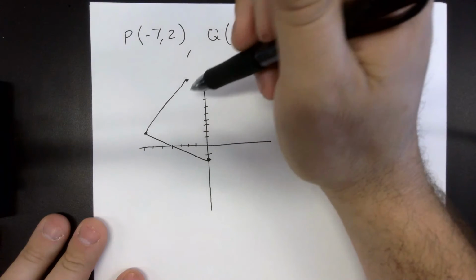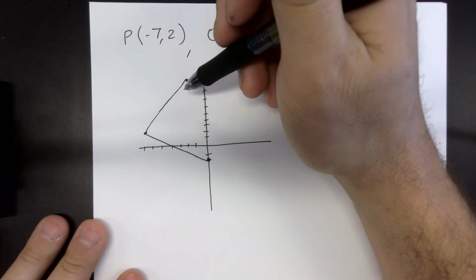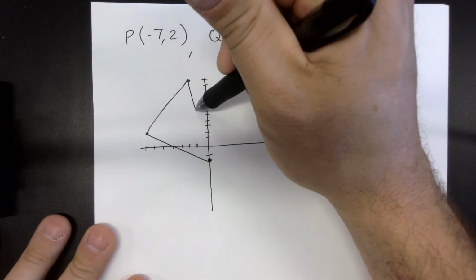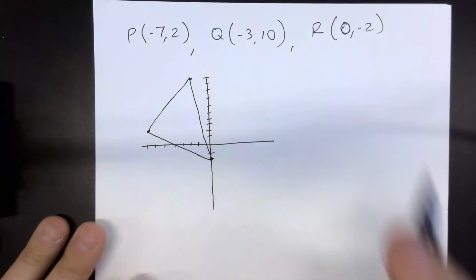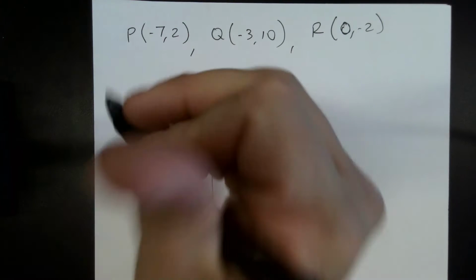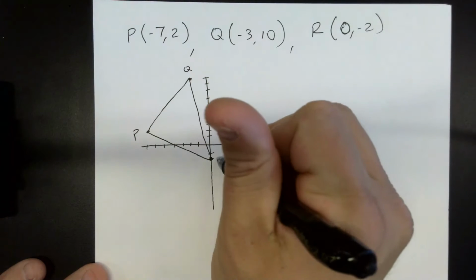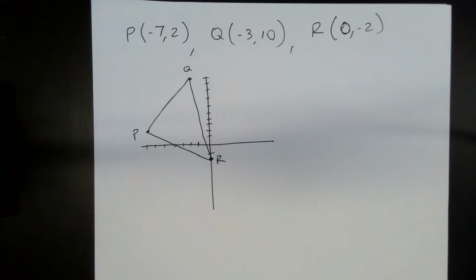Graphing right triangles. Okay. So now we graph this, right? This is P. That's Q. That's R.